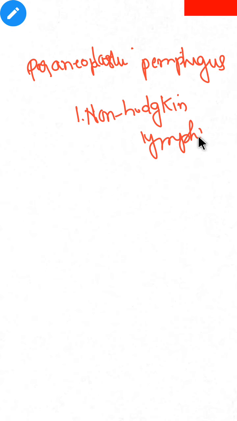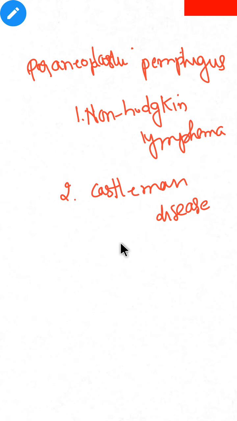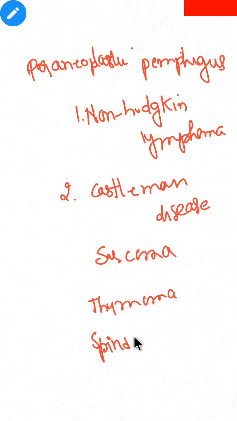The most important tumors associated with pemphigus are non-Hodgkin lymphoma, Castleman disease, sarcoma, thymoma, and spindle cell tumor.